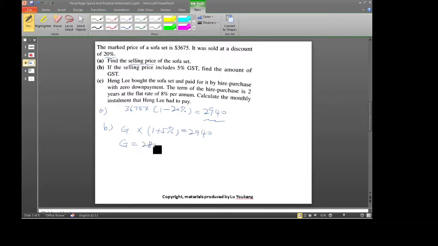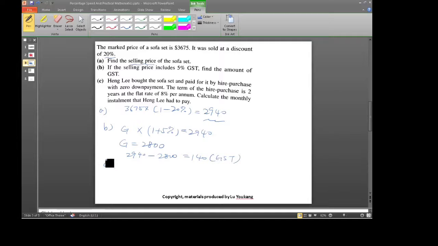So we can find this G to be $2,800. So this $2,800 times (1 plus 5%) GST will give us $2,940. Therefore, we take $2,940 minus this G, we get $140. And that will be the amount of GST, which is $140.